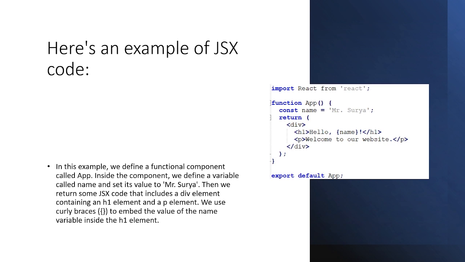So div to div, it is like HTML, and h1 is the tag, and whatever the name is there, name is a constant. If you want to dynamically display the data, then you have to use the curly braces, and it is done. So let's come to the React code.